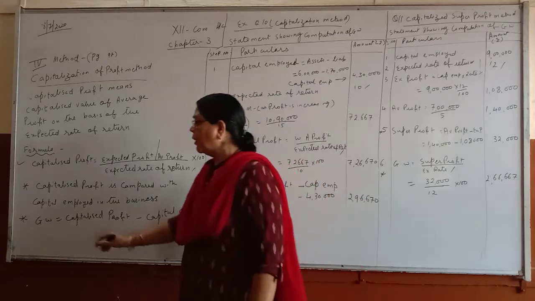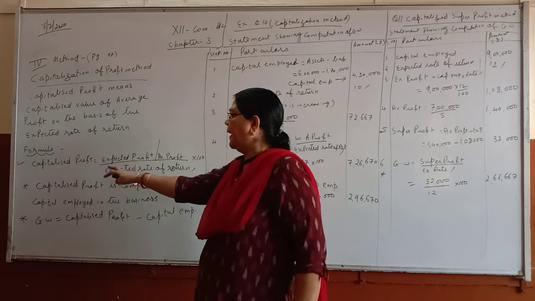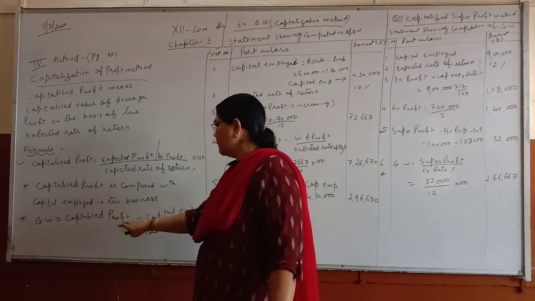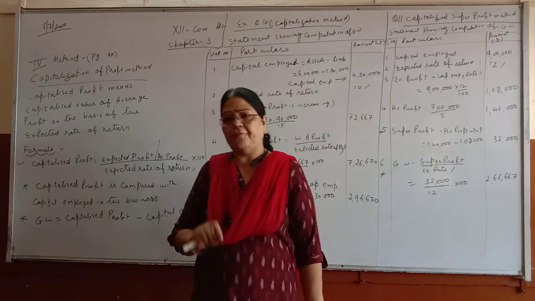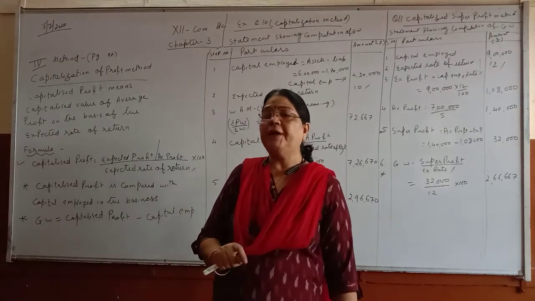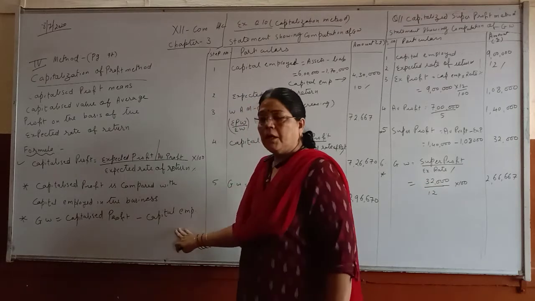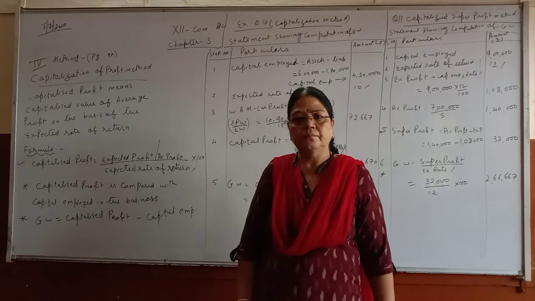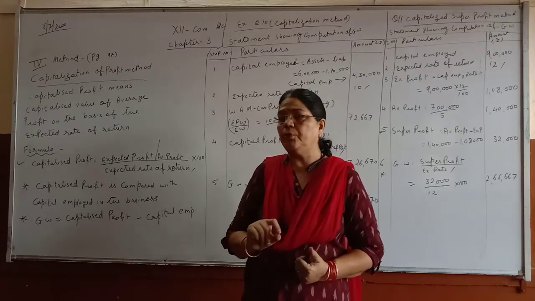So the formula for goodwill here is capitalized profit minus capital employed. If capitalized profit is more than the capital employed, you will get goodwill. The difference amount is the goodwill.